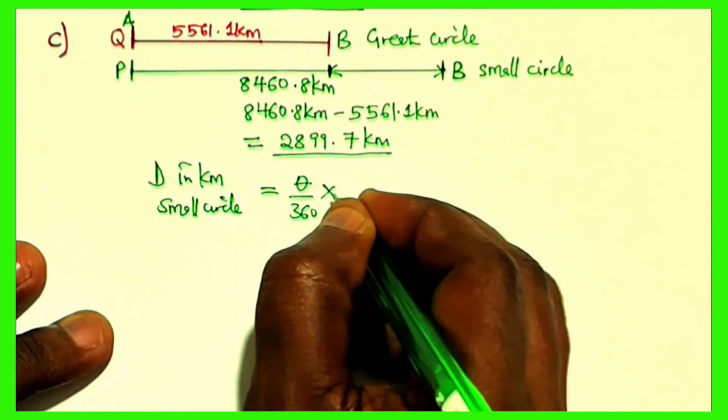And the value of distance will be equal to 2,899.7 kilometers, to be equal to theta divided by 360 degrees times 2 times 22 over 7, and then times 6370 cos beta, which was 65 degrees.